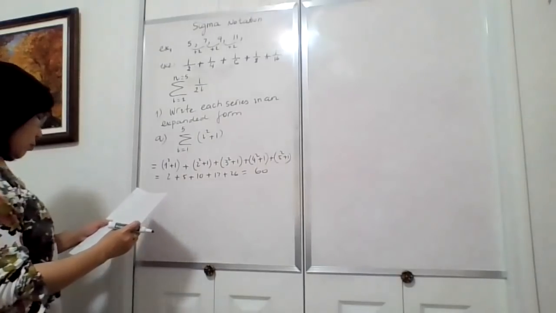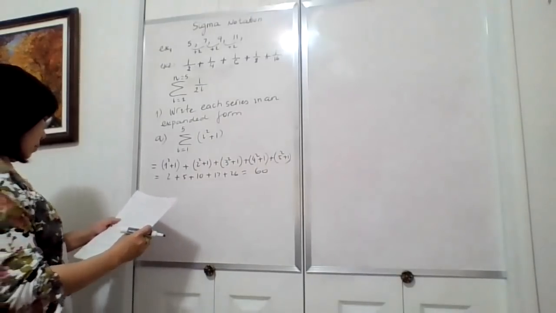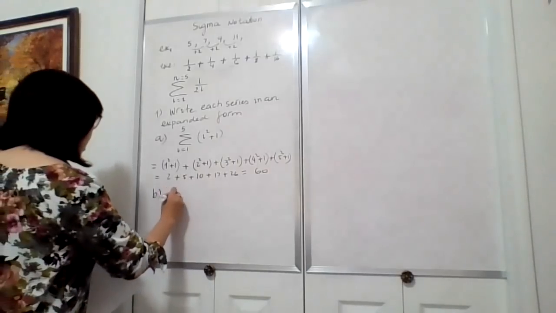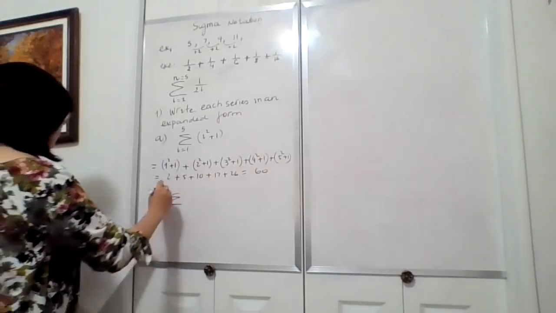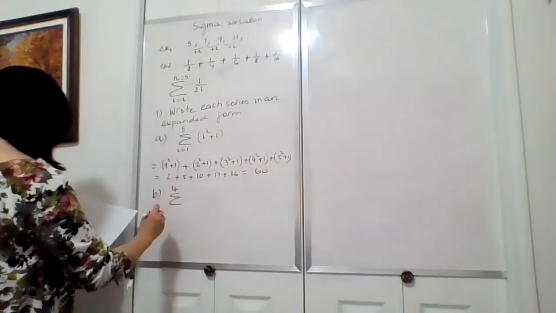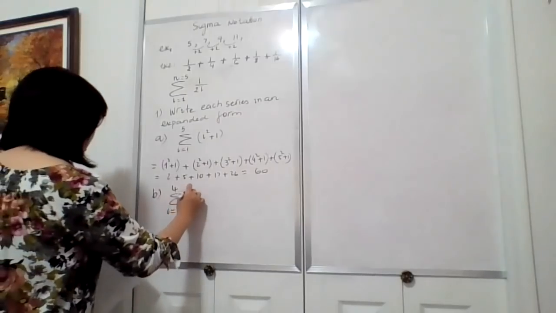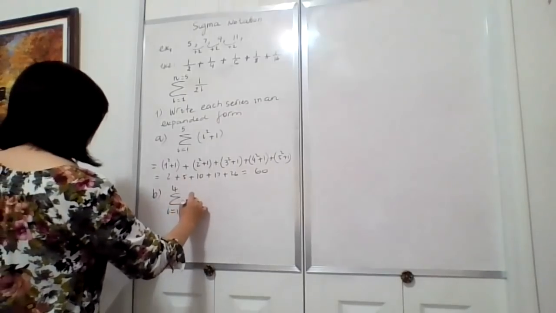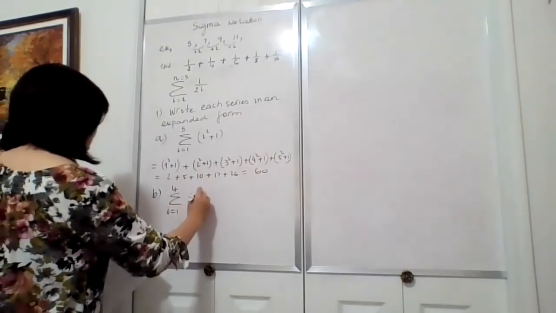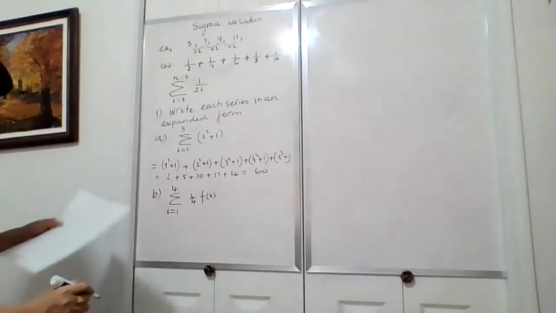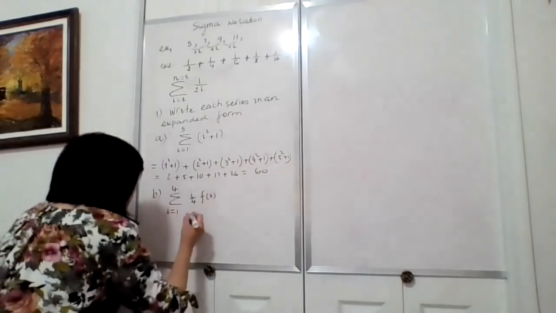Now, let's do another one, one that looks more serious. Let's say you have a sigma notation, and this is 4, and i equals 1, and you have i divided by 4, f of i. So how are we going to write this in expanded form?